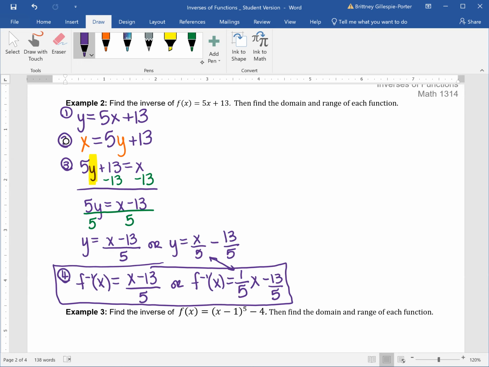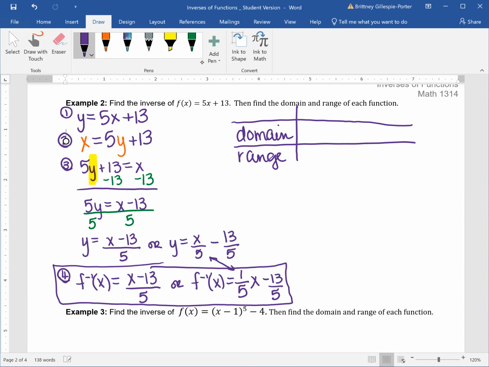When you're doing the domain and range of the functions, you may find it easier to keep your notes organized if we do a little chart. So we're going to have domain and range as some of our rows. And then I'm going to have f of x and then f inverse of x.